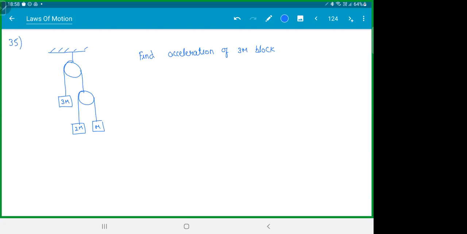General method will give you the answer, but it becomes slightly lengthy. I'll show you the general method, then I'll show you a faster way to do this.